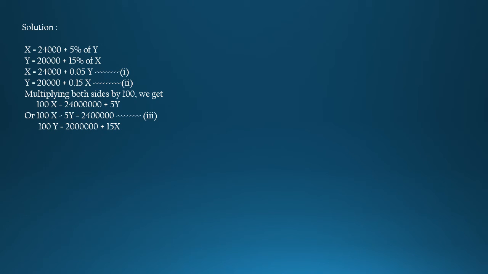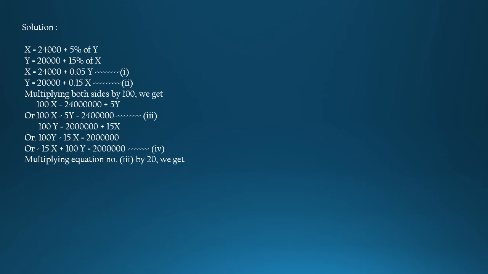Now we can write the second equation, after multiplying by 100, as 100y equals 20 lakh plus 15x, which is 100y minus 15x equals 20 lakh, or minus 15x plus 100y equals 20 lakh. This is our fourth equation.